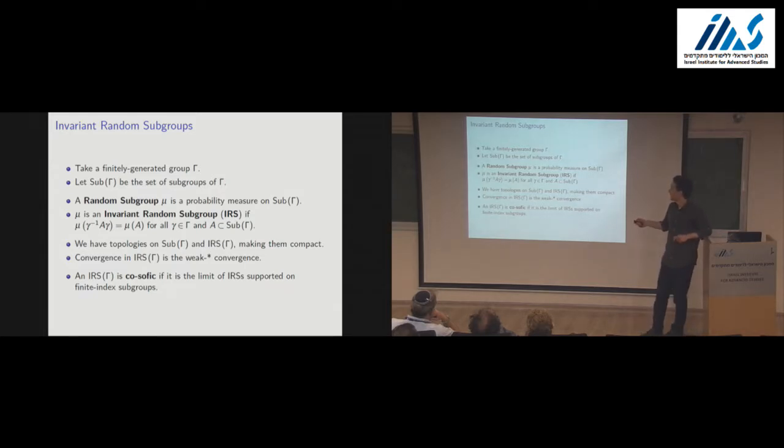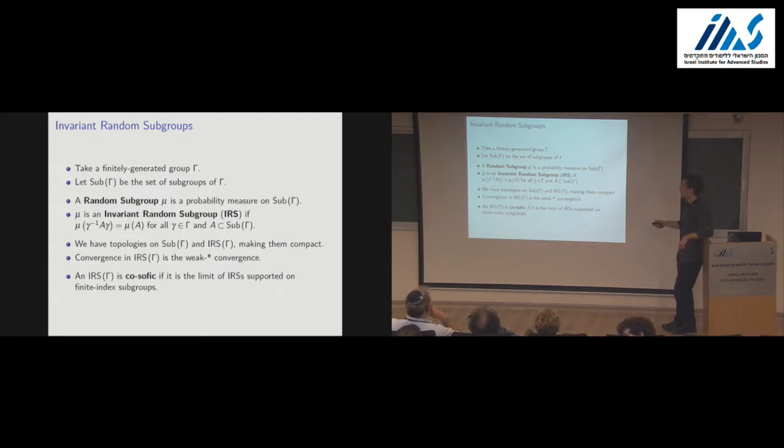An invariant random subgroup is a random subgroup, which again is a distribution on subgroups, such that for any subset of the set of subgroups and an element of the group, the probability to be in this subset is the same as the probability to be in the subset after conjugation.